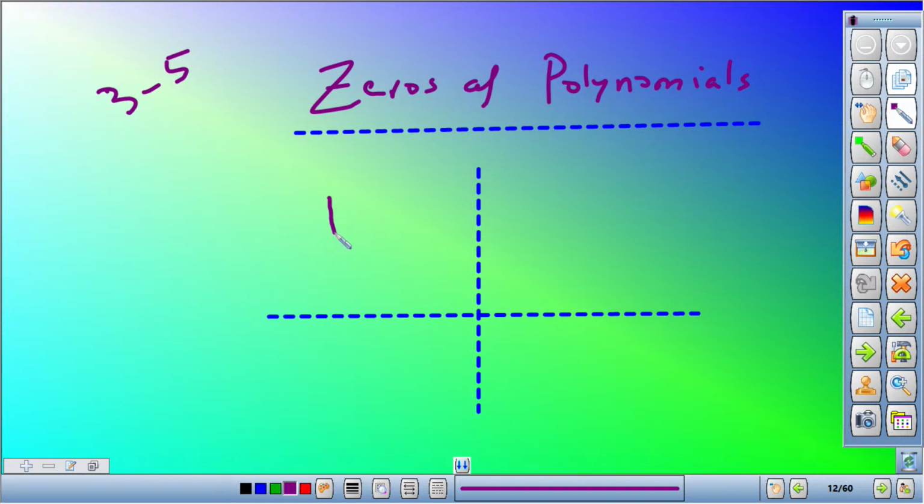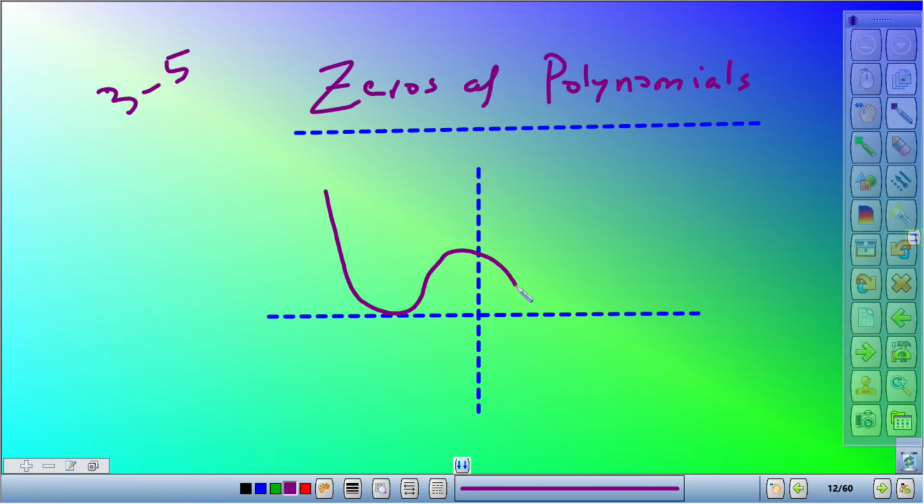Let's do a graph here. Go up, then go down, a little blurb here, then go down here and go up. Some graph like this, and they're saying this is -2.